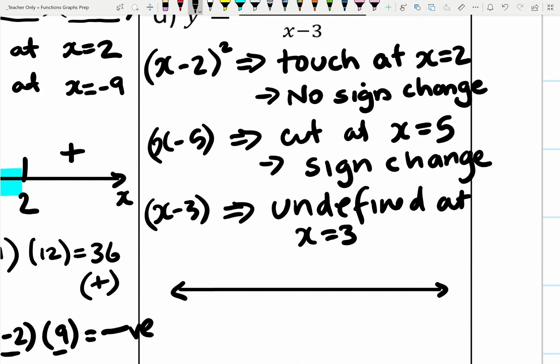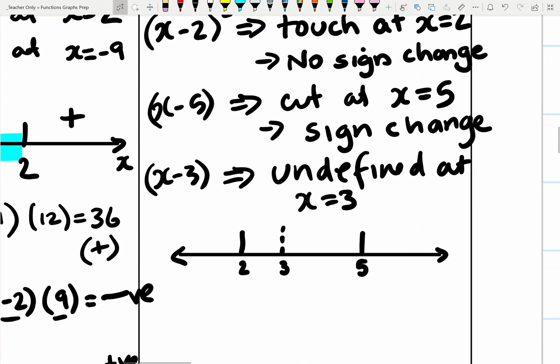So we've got 2, 3, and 5. The function touches at 2, so it gets a solid line. It touches at 5, so it gets a solid line, and it's undefined at 3, so it gets a dashed line. From here, we can do some small tests.